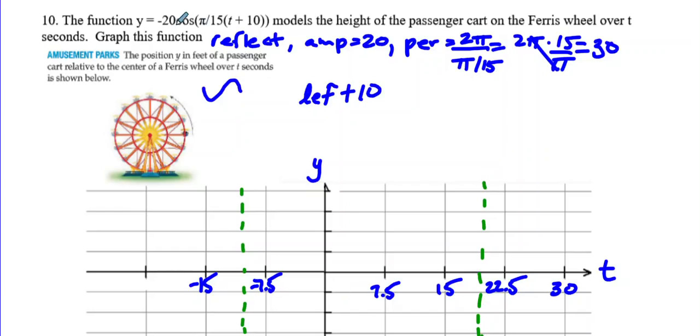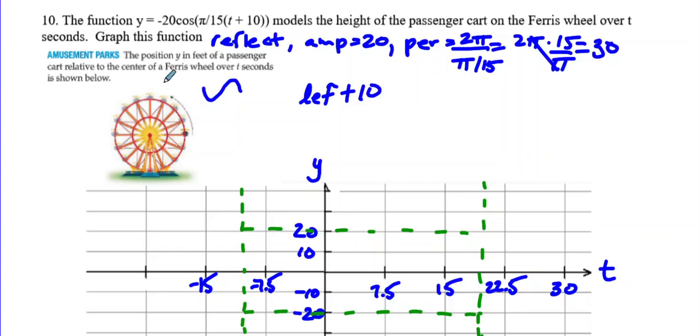Okay. My amplitude is 20, so I need to put 10 and 20 on the y-axis, negative 10 and negative 20 over here, and that can form part of my box as well, so that the highest it goes is 20 and the lowest it goes is negative 20. Alright, so here goes my Ferris wheel.